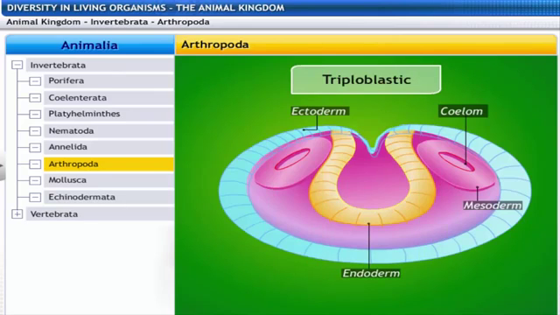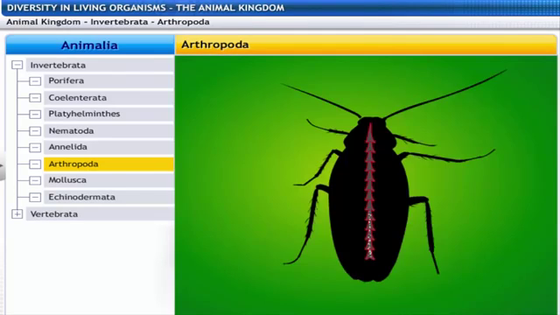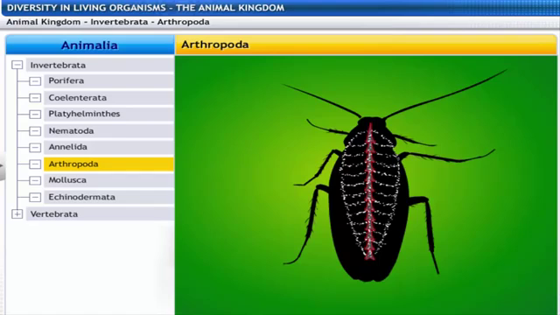Arthropoda are triploblastic animals with a true coelom. These insects breathe through their tracheae. Their circulatory system is open, so the blood does not flow through blood vessels. The coelomic cavity is filled with blood.